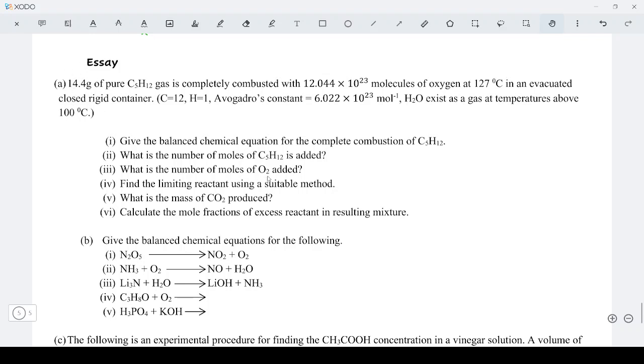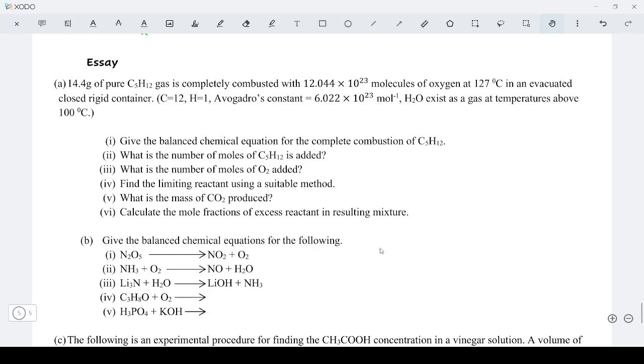You can find the oxygen moles by dividing the number of molecules by the Avogadro constant. Then you can use the ARR method and find the limiting reactant, which is completely consumed, and thereby find the mass of carbon dioxide formed. And considering these are gases, you can find the mole fractions also.